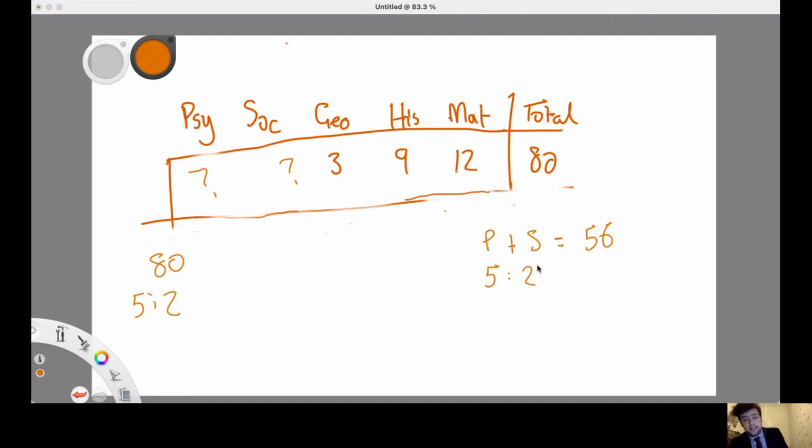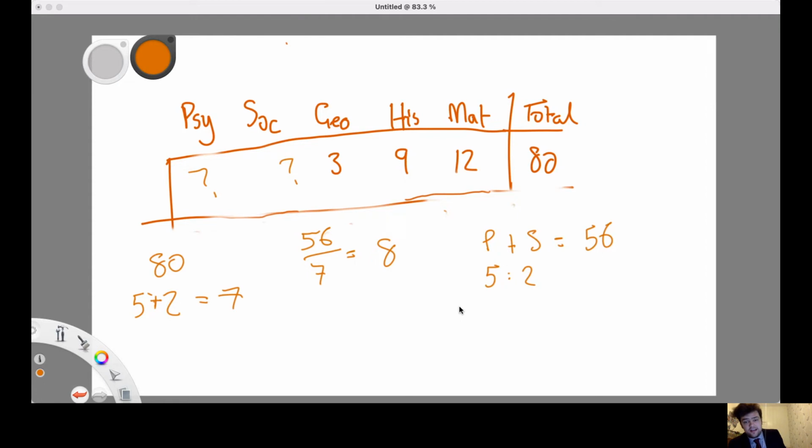So what you do here is you add them together to get 7. What you want to do is divide your total, 56, by 7. Pop that in your calculator, you get 8. And then just multiply.